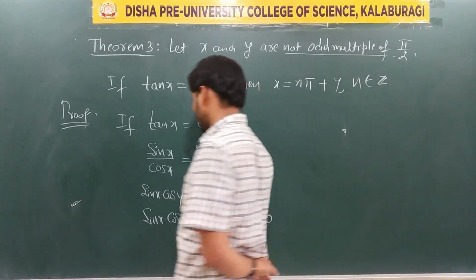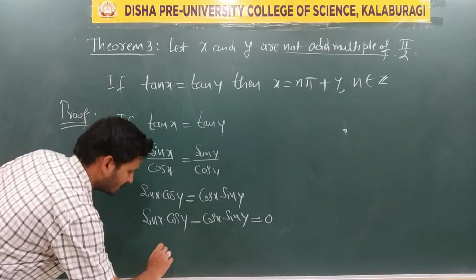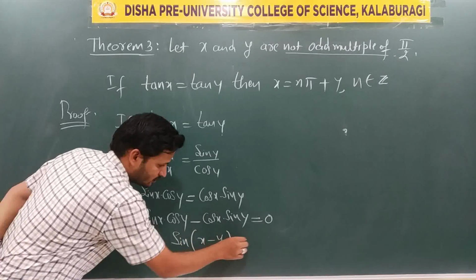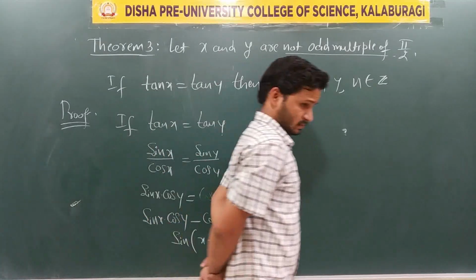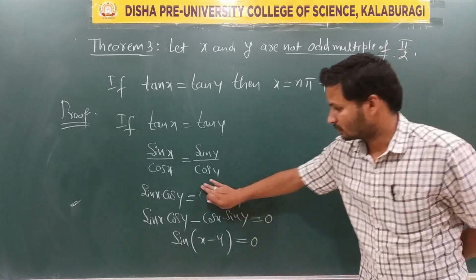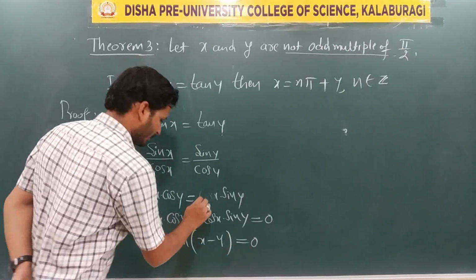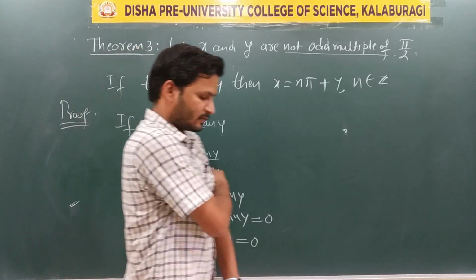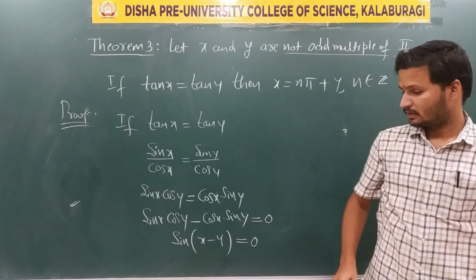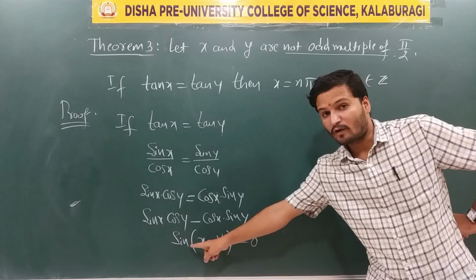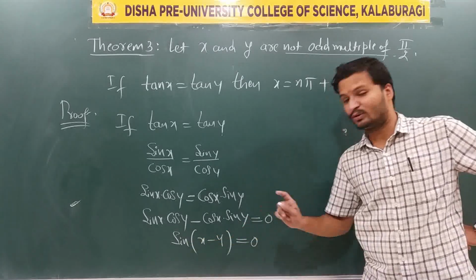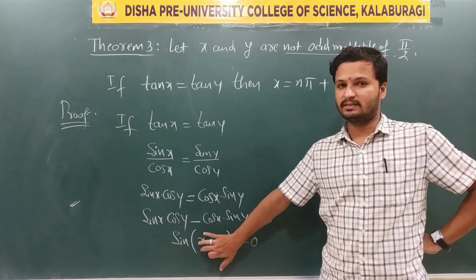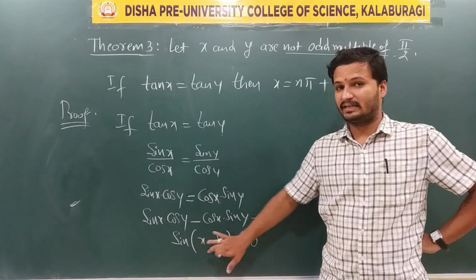So use that here. This entire expression can be written as sin of x minus y is equal to 0. Now this is of the form sin x is equal to 0. Treat this x minus y completely as an x.